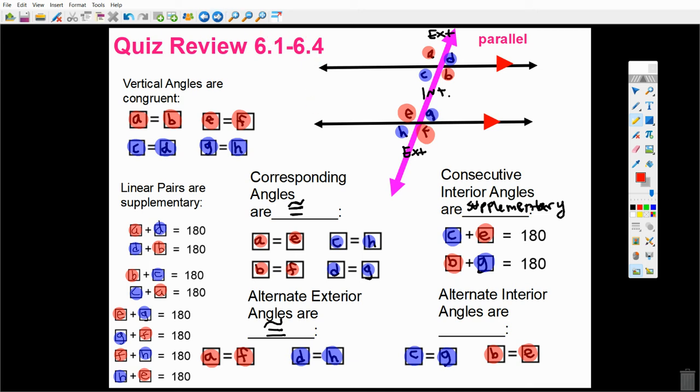If you need to pause, you can go ahead and do that. Let me not forget and write this. Remember, alternate interior angles are congruent. Here it is. Congruent.